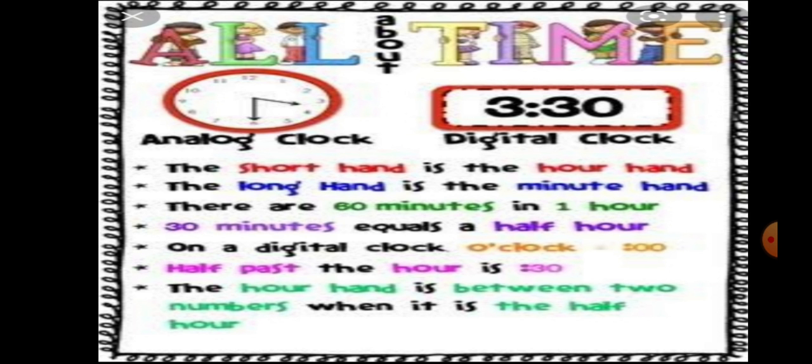On a digital clock, o'clock, half past the hour is 30. The hour hand is between two numbers when it is the half hour.